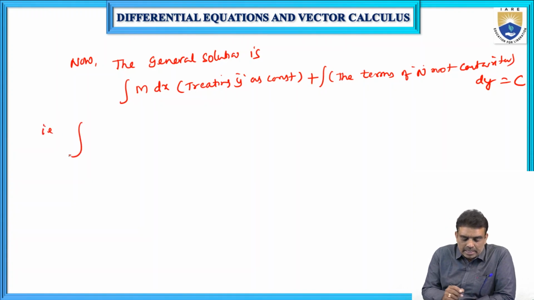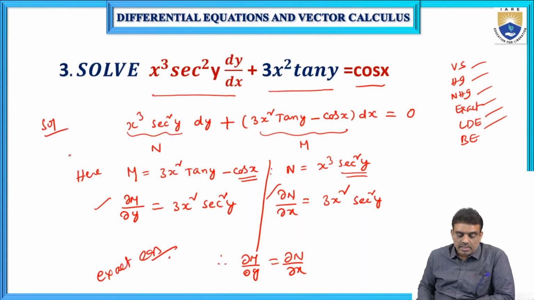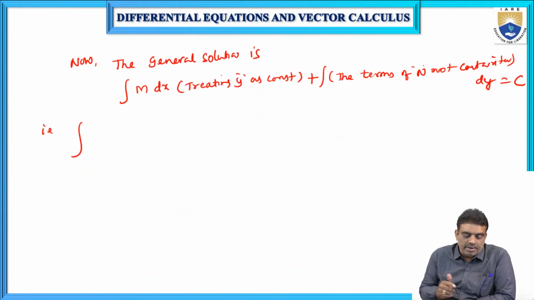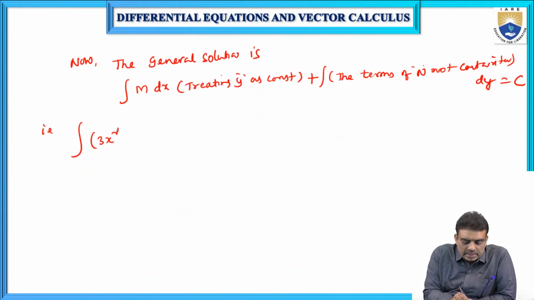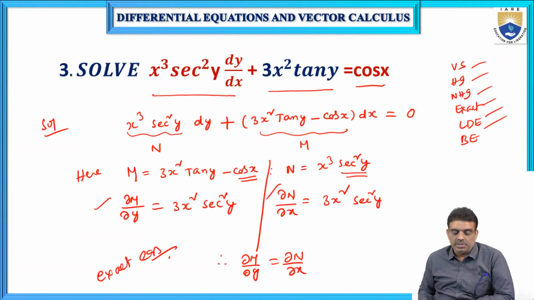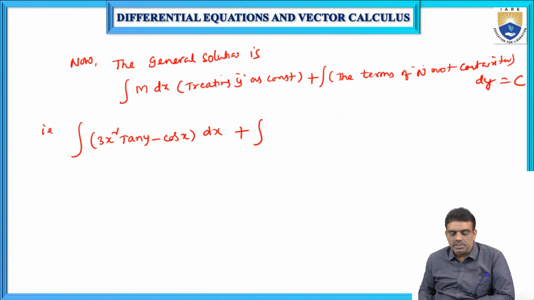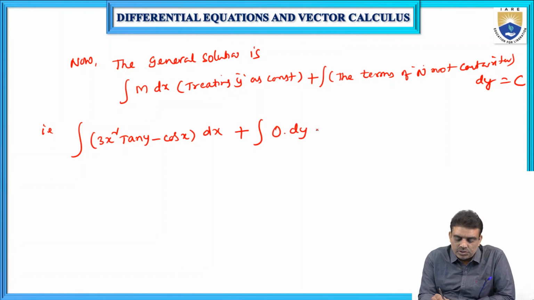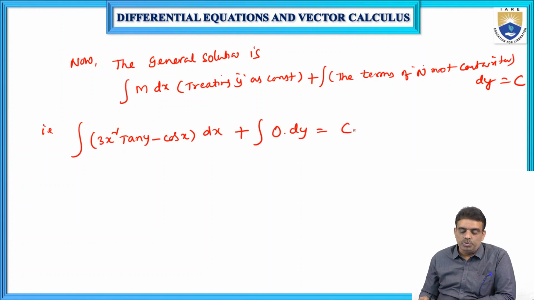What is M here? The integral of (3x square tan y minus cos x) dx, plus the terms of N not containing x. That entire term is 0 dy. There are no such terms, so we have to put a 0 dy.